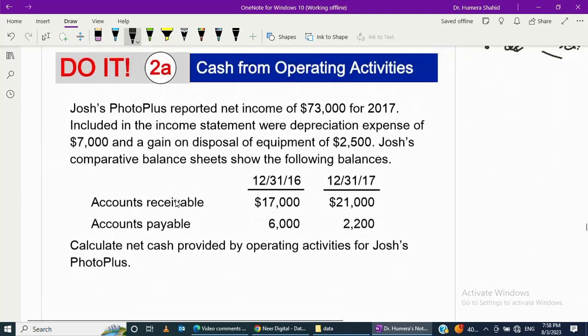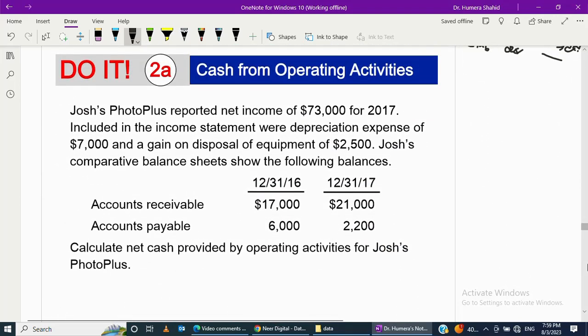Let's do an exercise. Josh Photo Plus reported net income of 73,000 for 2017. So this is the net income they gave us. In the income statement, we have depreciation expense of 7,000 and there was a gain on disposal of equipment of 2,500. They took the following information from the comparative balance sheet.